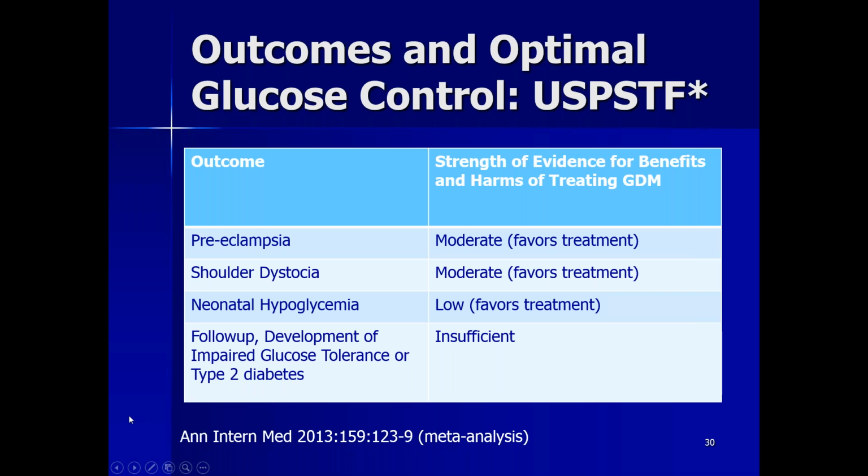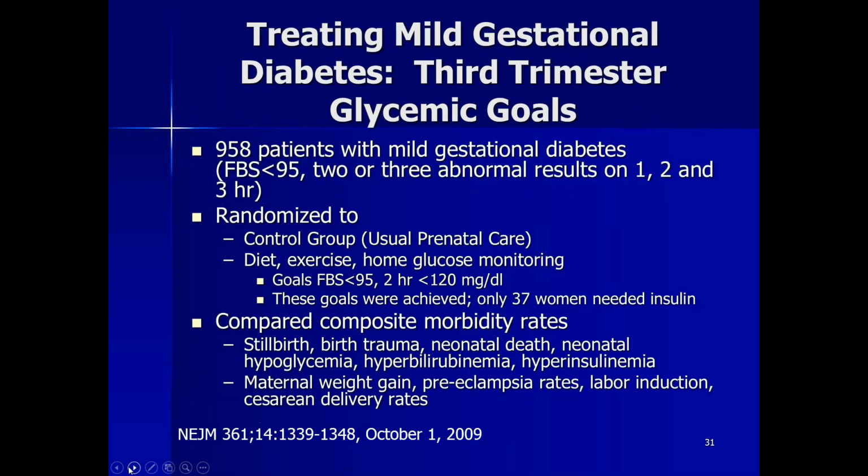When you look at the overall group of data and look at the strength of evidence for benefits and harms of treating gestational diabetes, preeclampsia was moderately treated, favoring treatment. Shoulder dystocia favored treatment. There was a low strength of evidence, but favored treatment for prevention of neonatal hypoglycemia when you added those cohort studies back in. So this is another reason why we're using the goals that we're using.